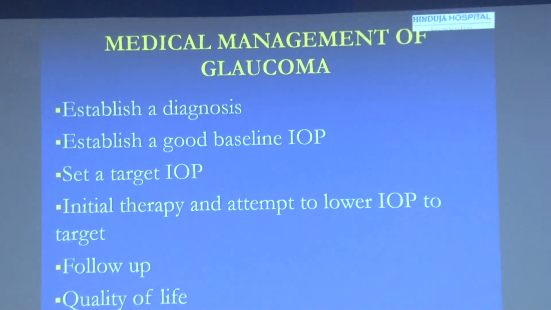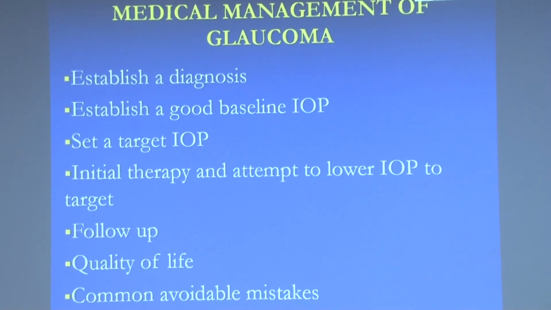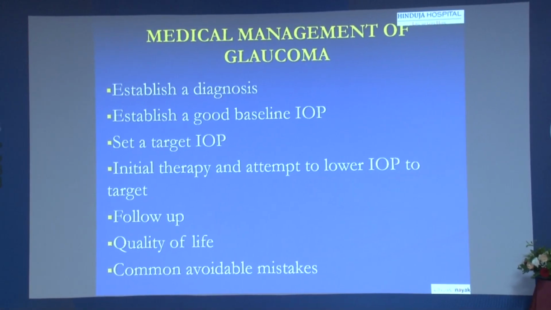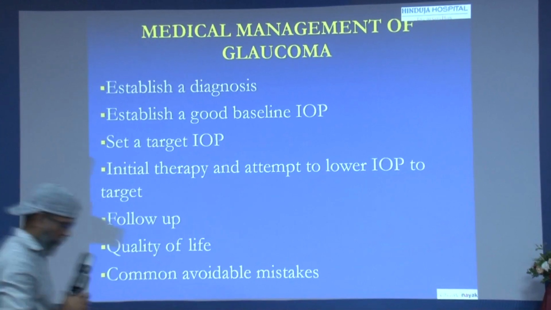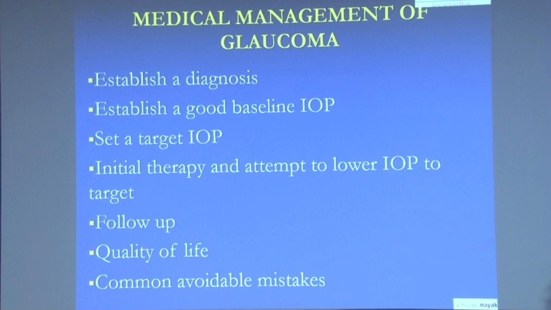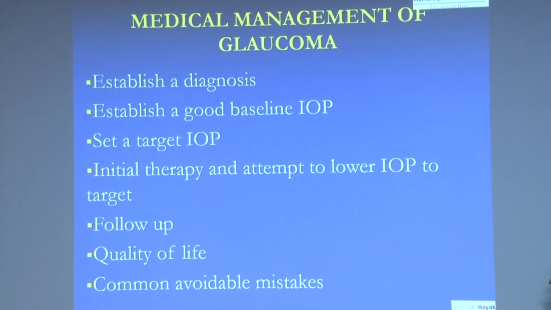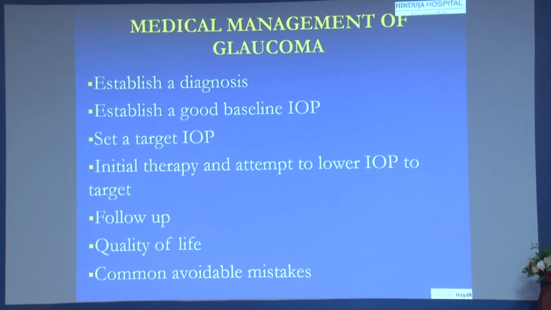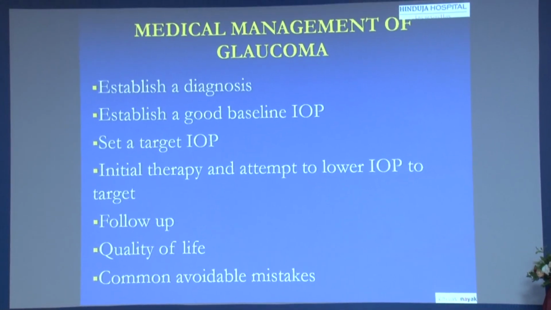The second baseline is perimetry. The third baseline, now that OCT structural tests are done, is whatever parameter you are seeing on OCT, and before that, the optic disc parameter. So these four parameters you have to form as a proper baseline.